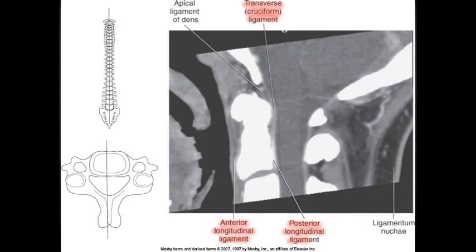Here we can kind of see the anterior and posterior longitudinal ligament. There.